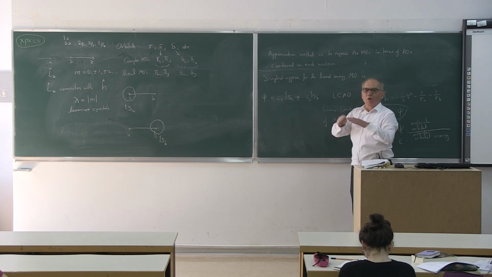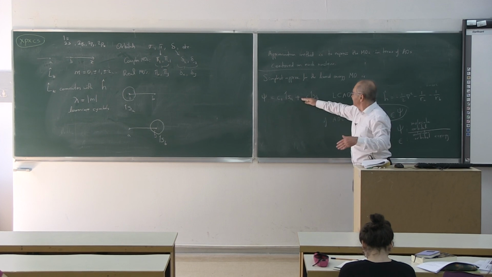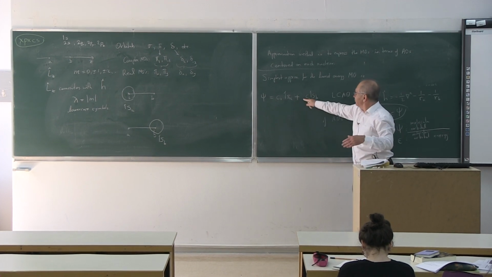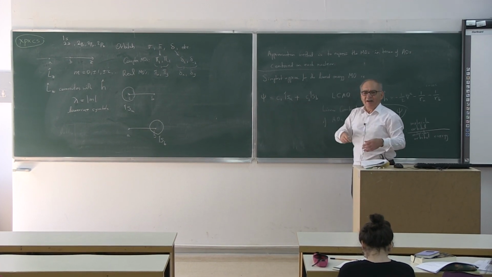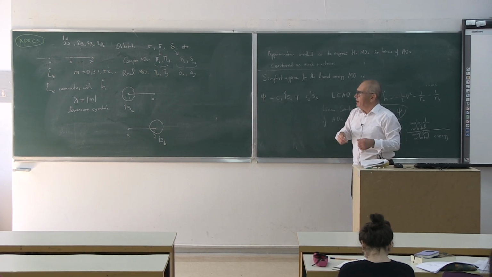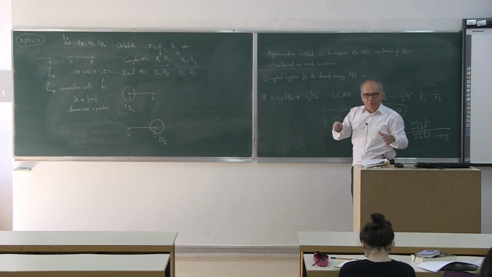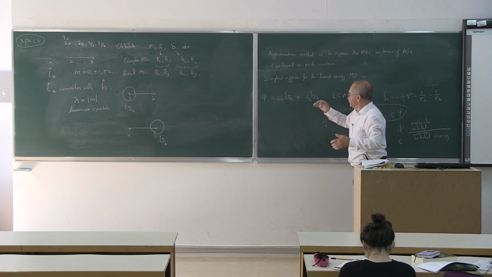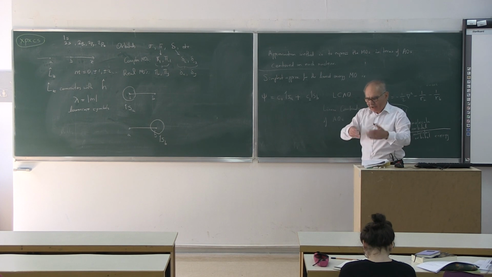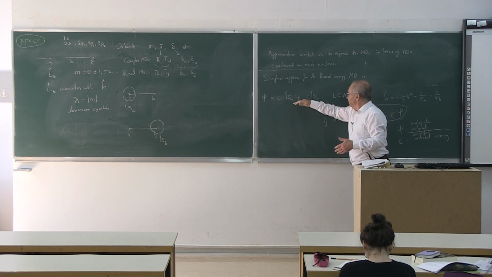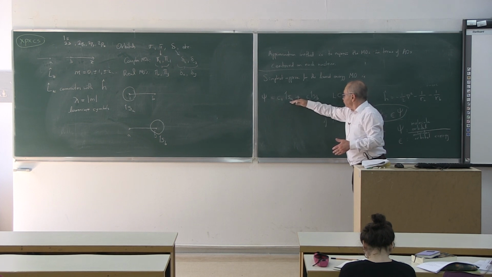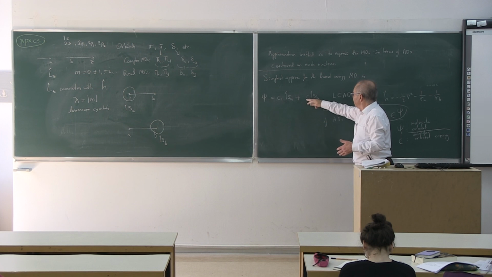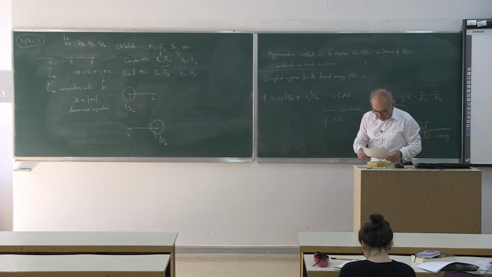This is the lowest level approximation, which means the energy you will obtain with this expression is not very good. But qualitatively, and to keep it simple, I will use just two terms in the expression.